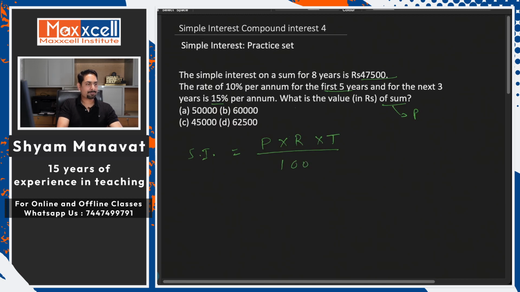So the 8 years are divided into two parts: one is for 5 years and one is for 3 years. For the first 5 years, it is at 10%.